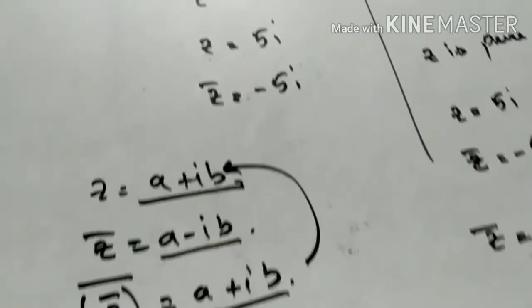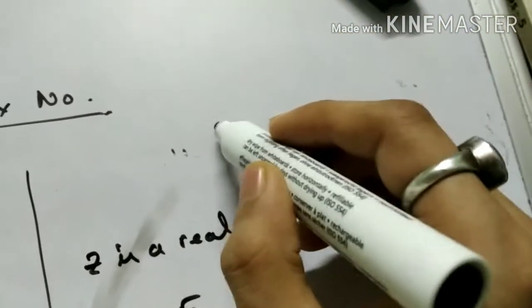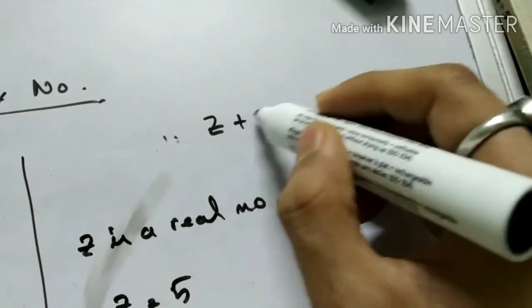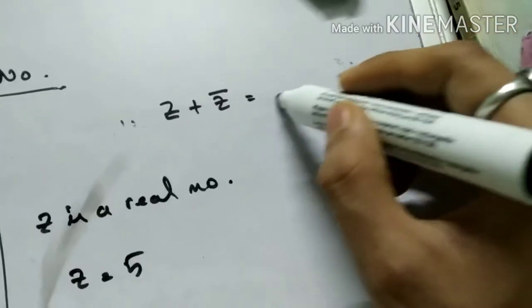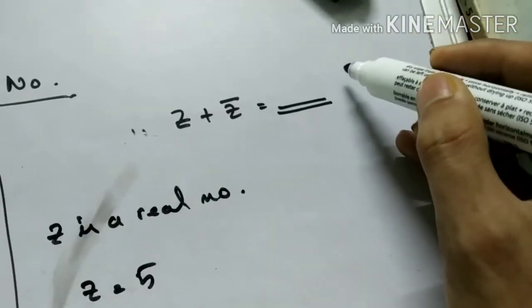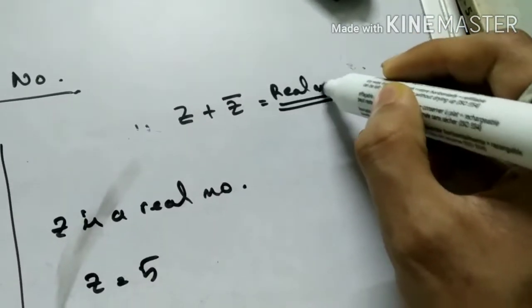Okay, and next, the complex number Z plus its conjugate, whatever you will get, this will be a real number.